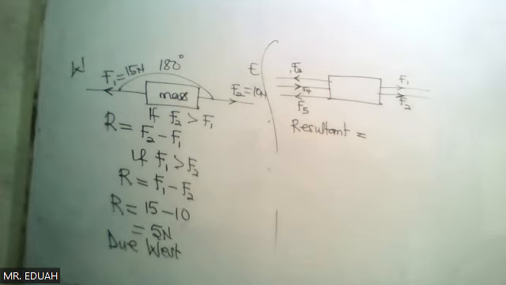And then for the third one, I'll assume there is an F6 which is 0. The last one is due to the west, and then you sum everything up to see the major force direction.